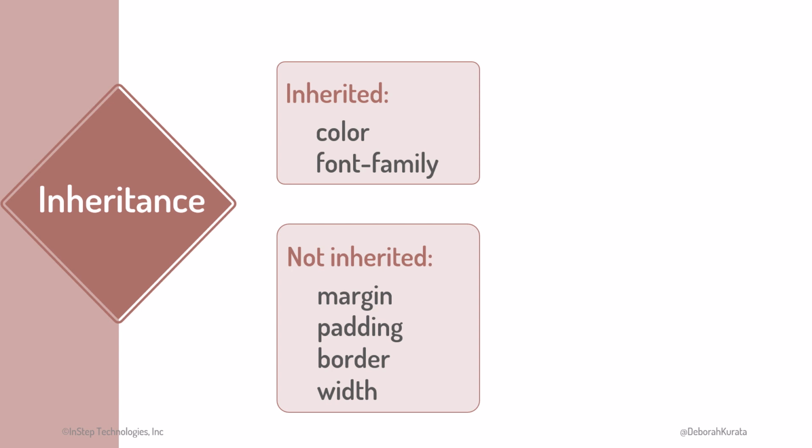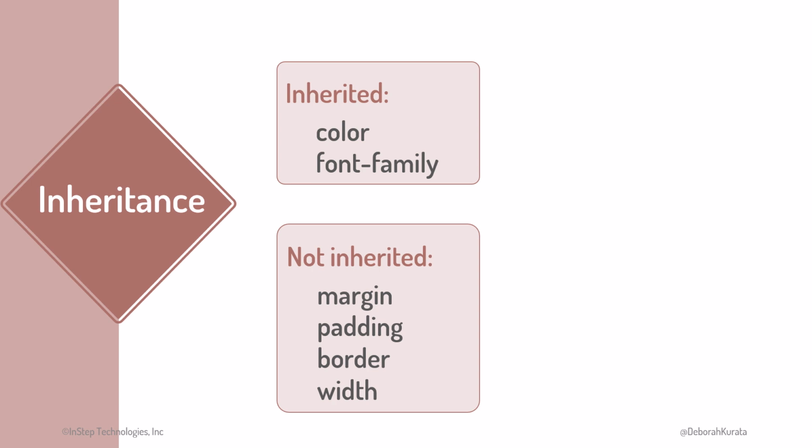And these make sense. If a parent container has a margin, for example, you don't necessarily want every element within that container to also have that margin. The MDN documentation identifies which properties are inherited and which aren't. See lesson links below this video for more information.